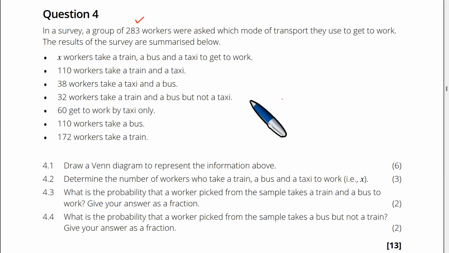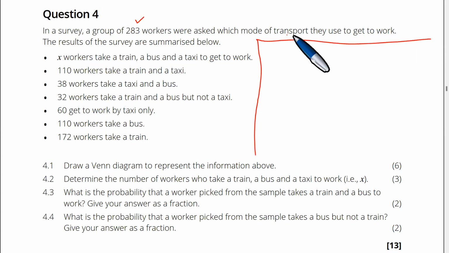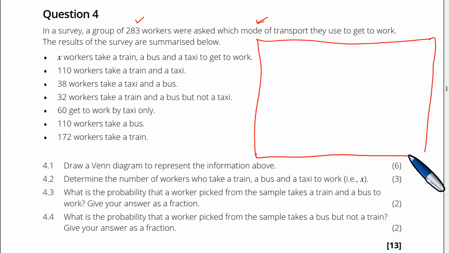Okay, so obviously we understand that to draw the Venn diagram, we regard the modes of transport, and we consider the 3 modes of transport.